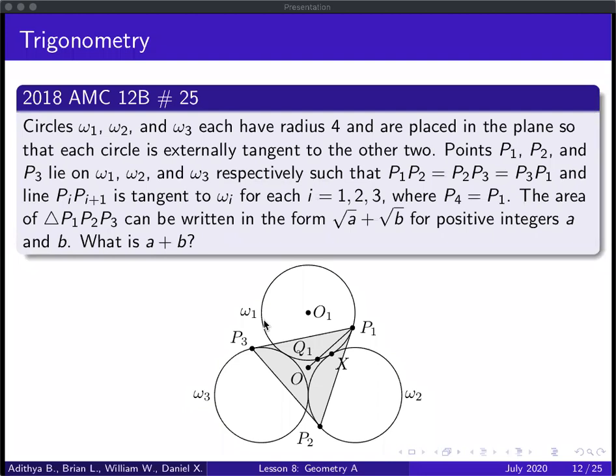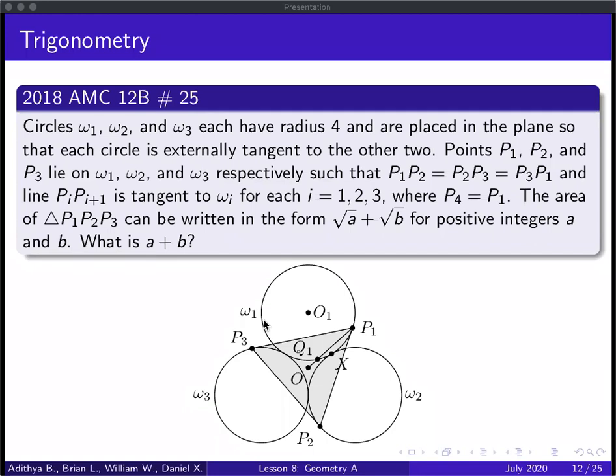But given that P1Q1 is 4, we can try to use power of a point to find the length of OP1. So how do we use power of a point here?